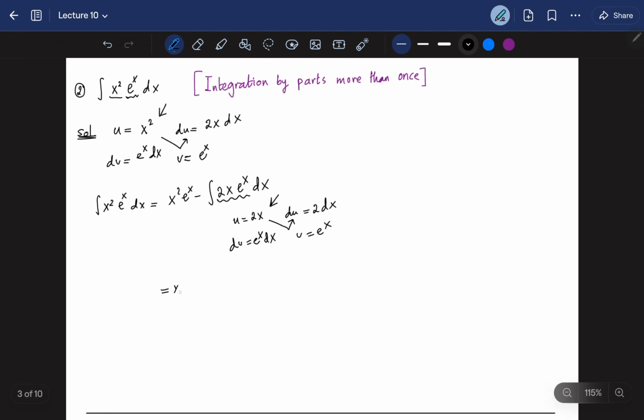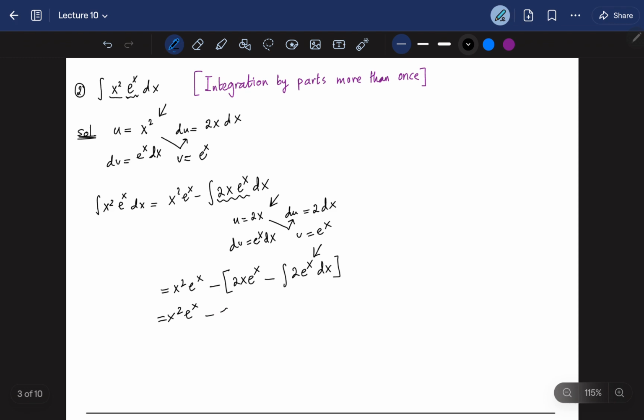So now applying that again, we're going to get 2x e to the x minus the integral of 2 e to the x. Now, how do we know when to stop? We stop when we get an integral that we can find using the antiderivative rules directly. So here I know how to integrate e to the x, so I'm done.